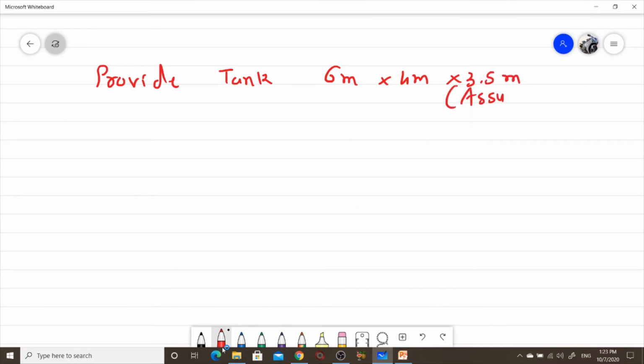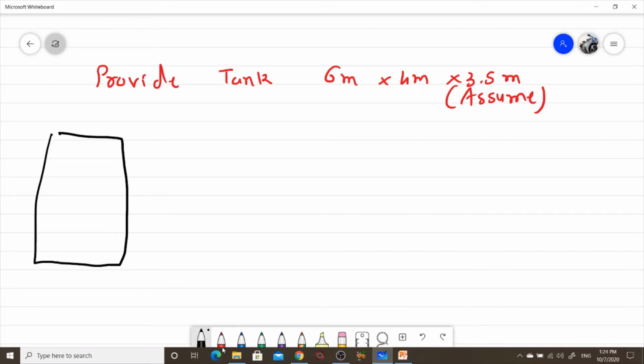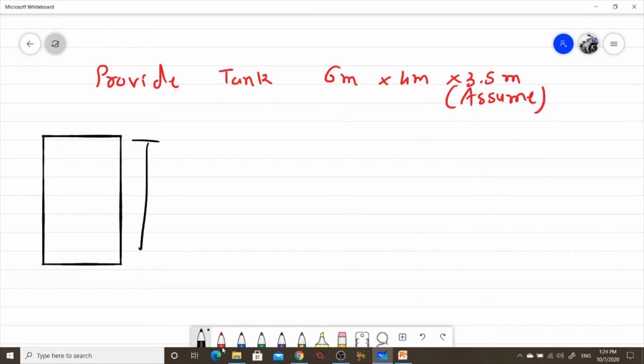This is assumed. So I am going to assume the first tank dimension as 6 by 4 by 3.5 meter. Okay, so right now we have to consider the overall water depth. This is the overall tank design: 3.5 meter height, 4 meter width and 6 meter length.